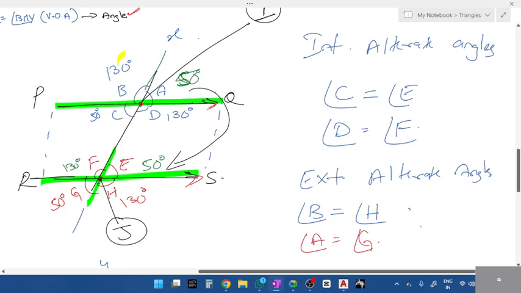So corresponding angle is same position, different lines. Interior alternate angle is formed inside, in alternate position.